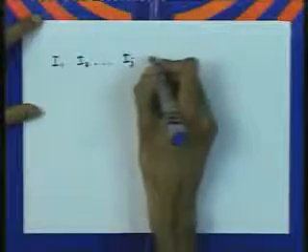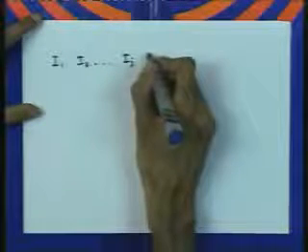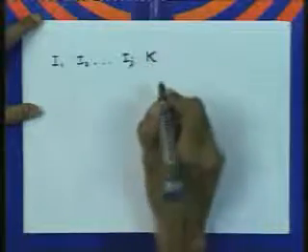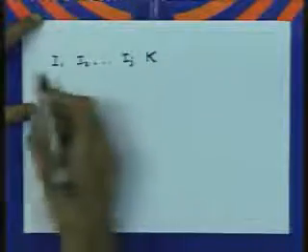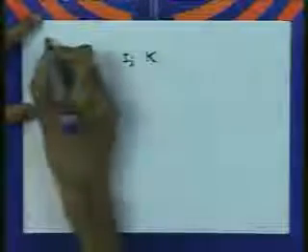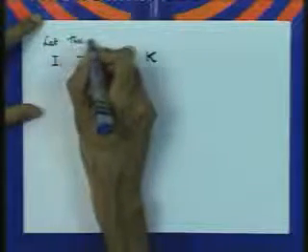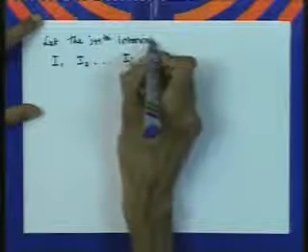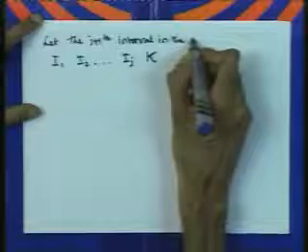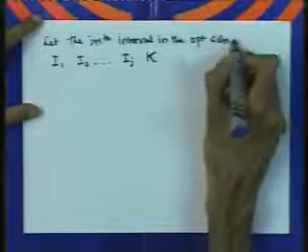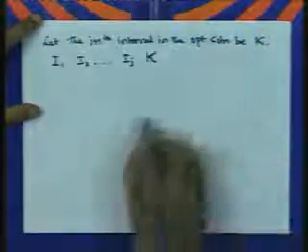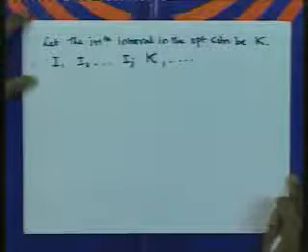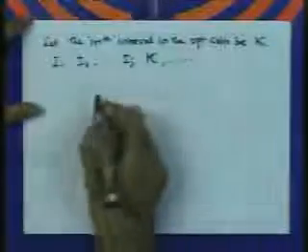Then it has some other interval, call it k. Let the j plus 1th interval in the optimum solution be k. So it looks like this, and then there are others. This is how the optimum looks. Now k looks like this.